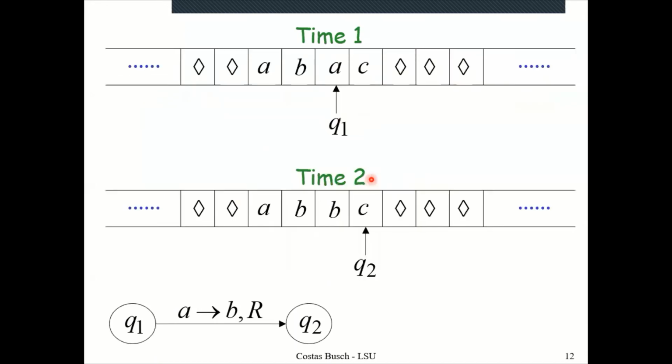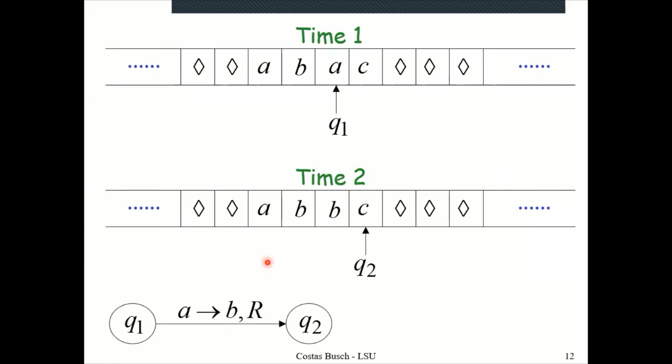This must happen, and voila, that is there. The contents of the tape have changed from ABAC to ABBC. The read write head is on the fourth cell of the string and the active state of the machine is Q2. It is on the fourth cell because the head has moved one step towards the right as was prescribed by the transition function.